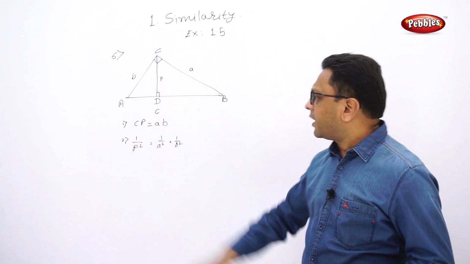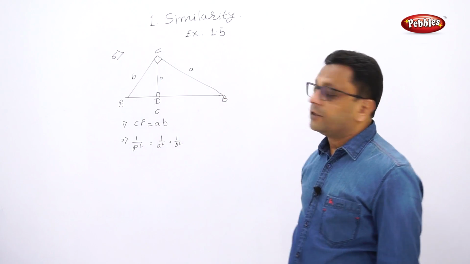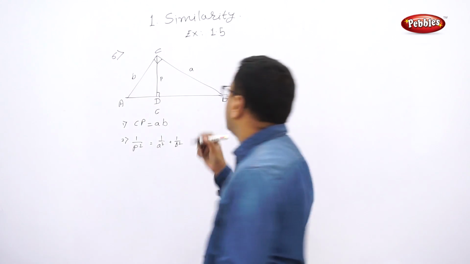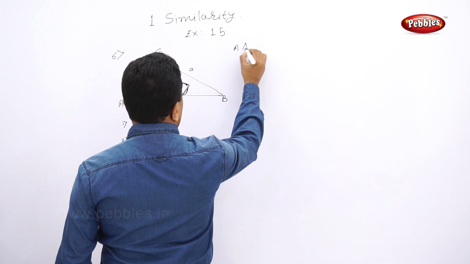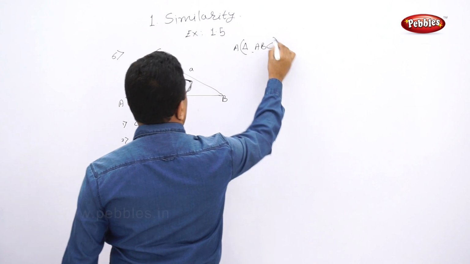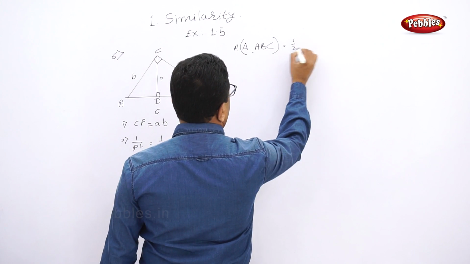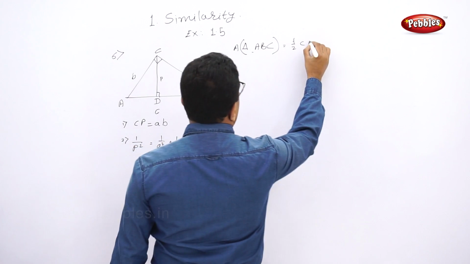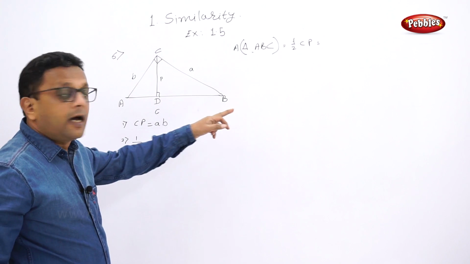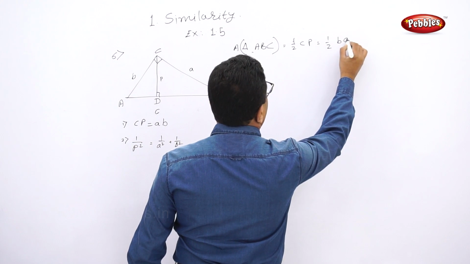So what is the area of triangle ABC? Very simple. This is 90 degrees, this is 90 degrees. So the area of triangle ABC can be written as half c into p, or, if you take a as height, since this is also a right angle, it will be half b into a.